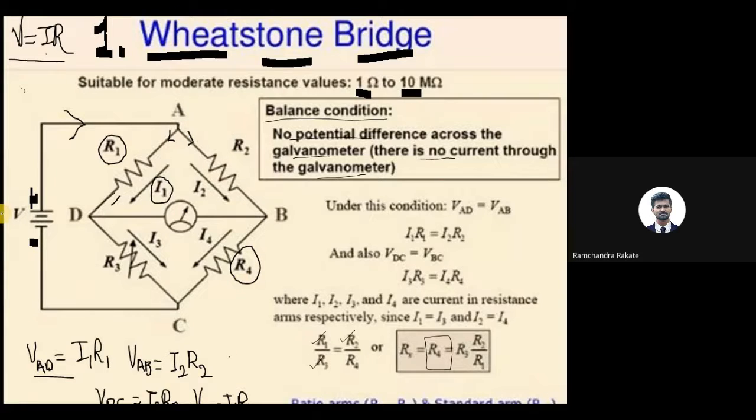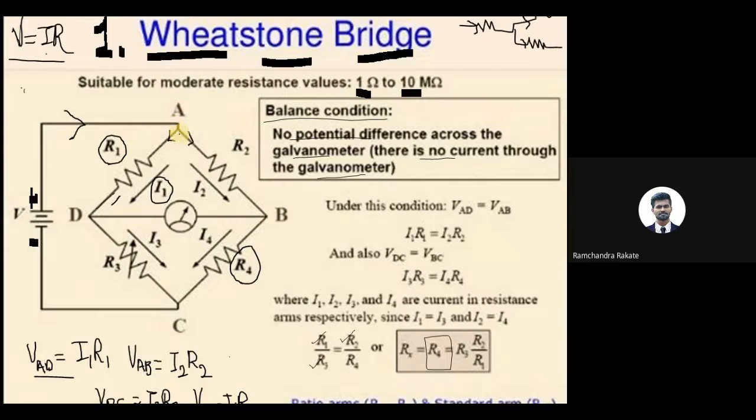Now we will go back to our basic formulas of series and parallel. In series, current is constant, and in parallel, voltage is constant.